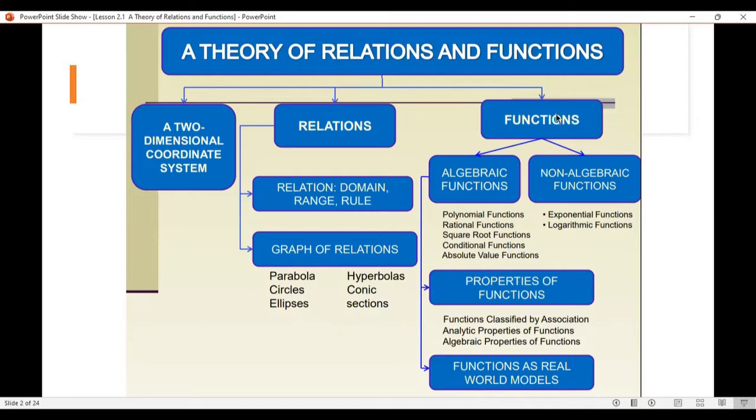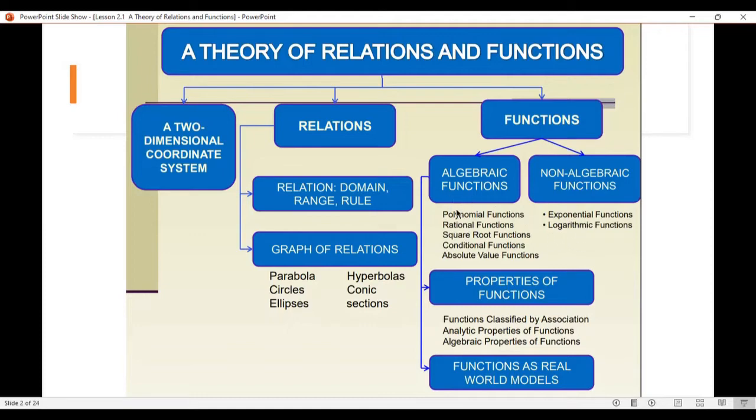On the other hand, functions have what we call algebraic functions and non-algebraic functions. Under algebraic functions are polynomial functions, rational functions, square root functions, conditional functions, absolute value functions. And for non-algebraic functions, we have two examples: exponential function and logarithmic function.